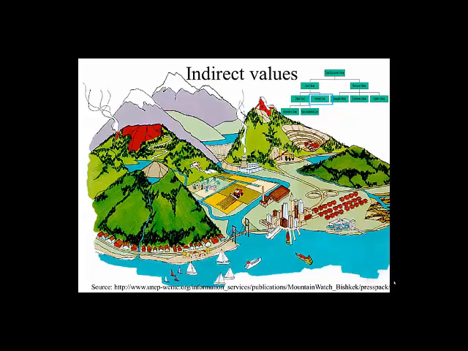So it provides water for agriculture, provides water for the cities below. So we may value the forest that protects that watershed and the services that are provided from it, but we might determine the value by looking at those indirect uses of the water, or the direct uses of the water that are provided indirectly by the watershed itself.